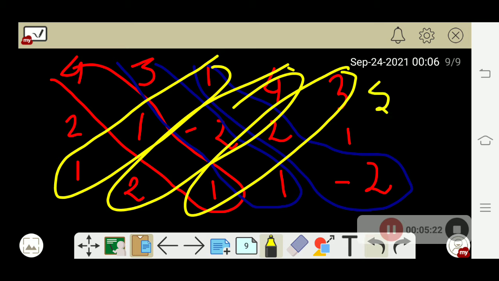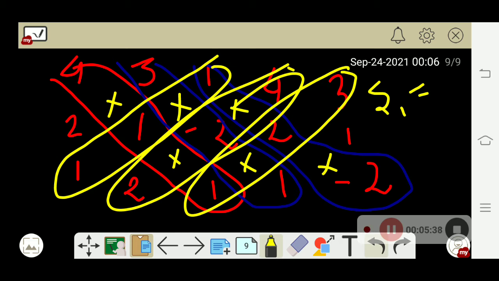S1 is 4 into 1 into 1 is 4, plus 3 into minus 2 into 1 is minus 6, and minus 2 into 2 into 1 is minus 4.